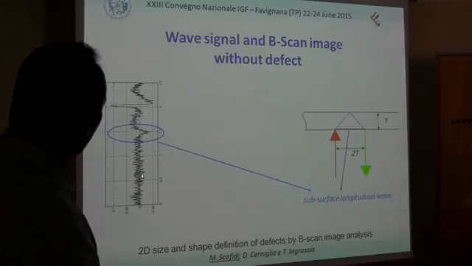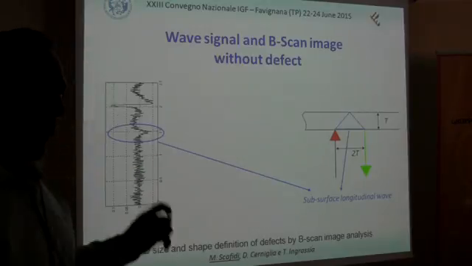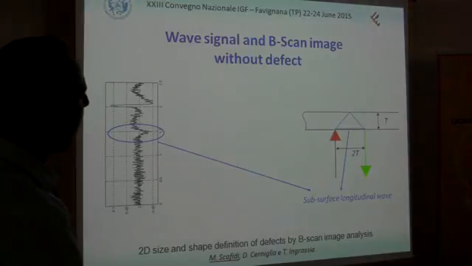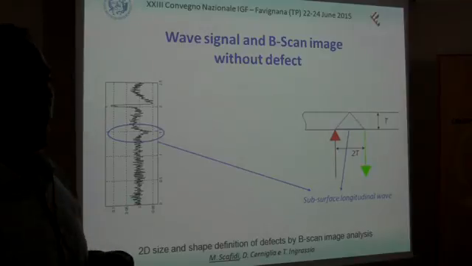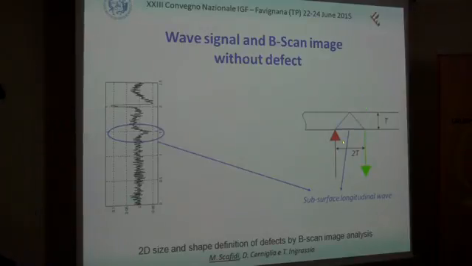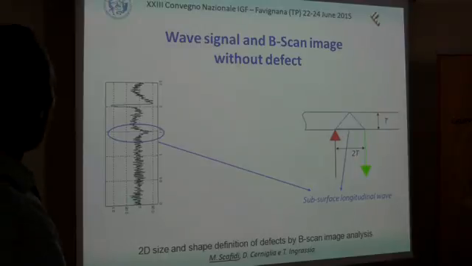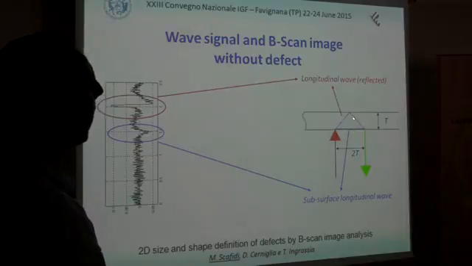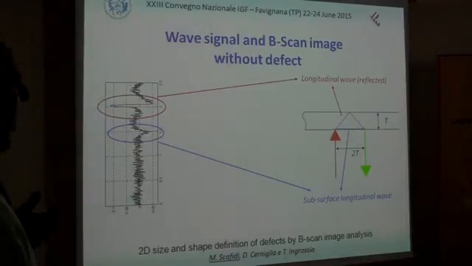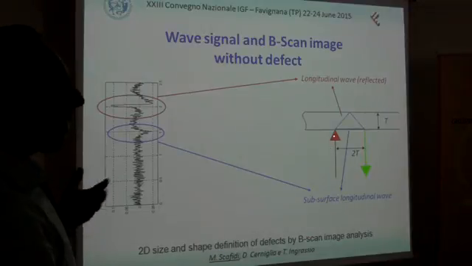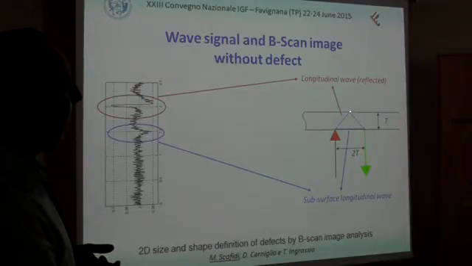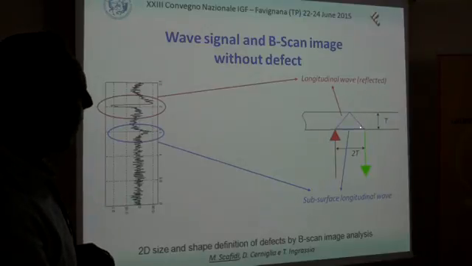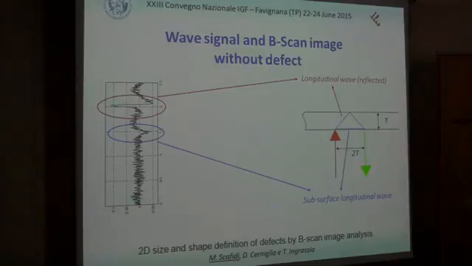We can see this is noise and this is a wave. This is very little, but it's clear to see this wave. And this is the first wave that arrived at the green laser. The second wave is this one, a wave that comes inside the material, is reflected from the other side of the plate, and comes back to the receiver point.